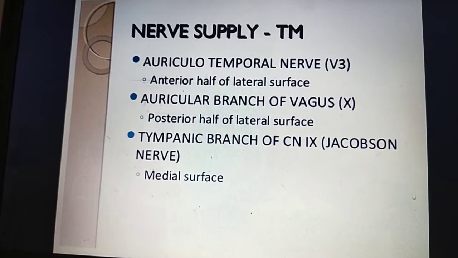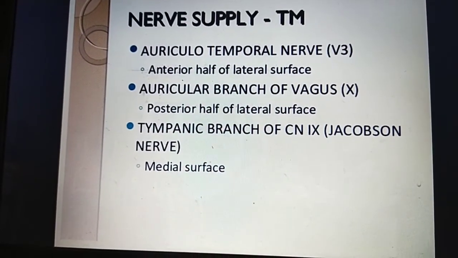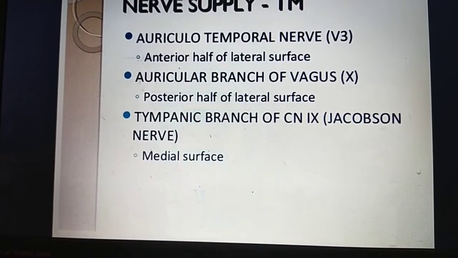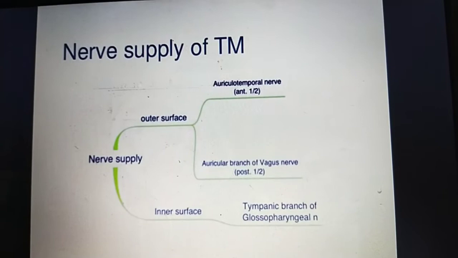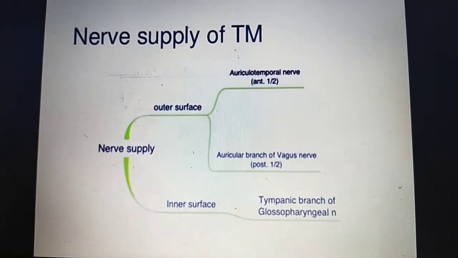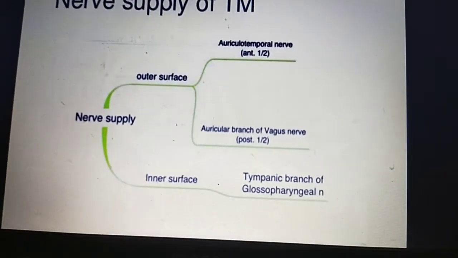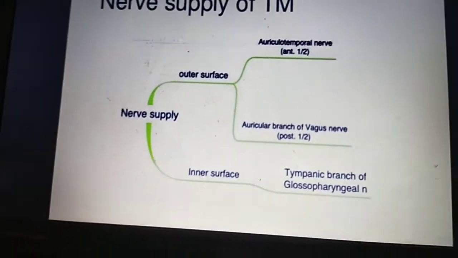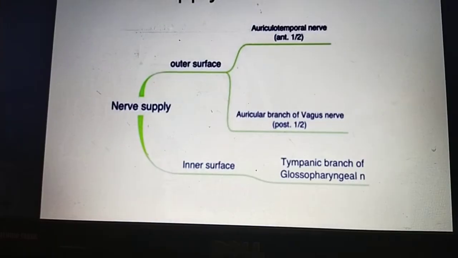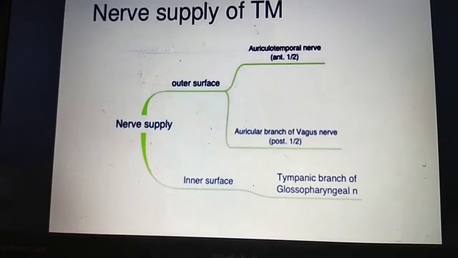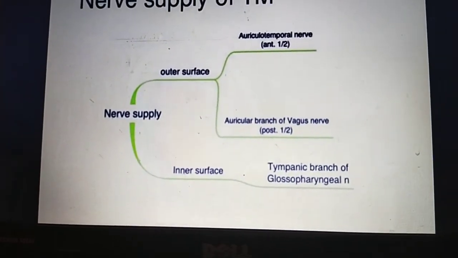The cranial nerve is the ninth. So the outer surface is supplied by the auriculotemporal nerve and the auricular branch of the vagus nerve, and the inner surface by the tympanic branch of the glossopharyngeal nerve.